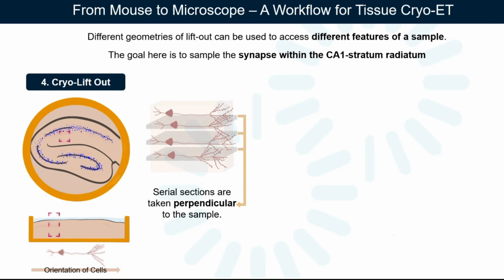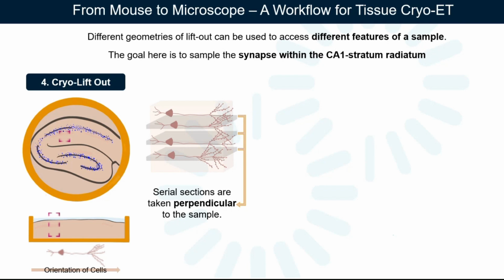If you took, like you see the box there, an ice core from the sample, you get your cells in a block of tissue, oriented perpendicular to the chunk.